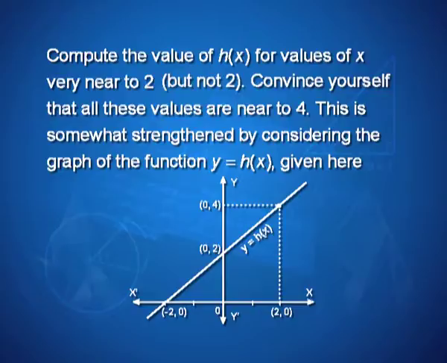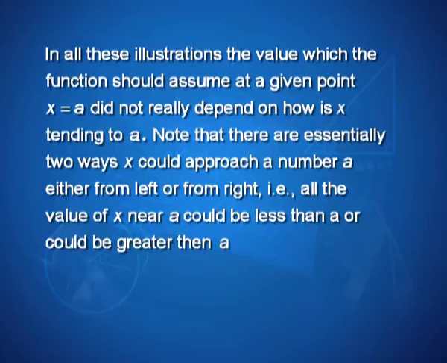In all these illustrations, the value which the function should assume at a given point x is equal to a did not really depend on how x is tending to a.